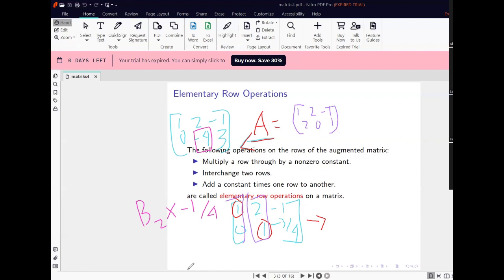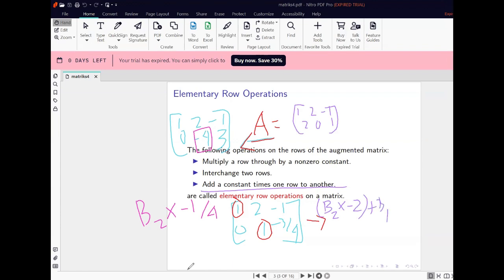How do we change 2 into 0? We use operation number 3. So we have to construct the operation: P2 times minus 2, add with P1.